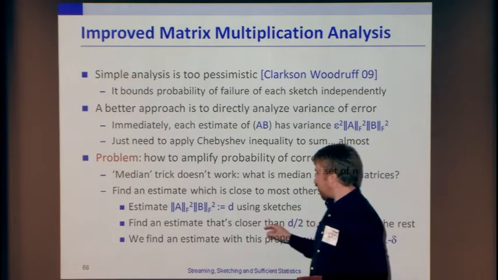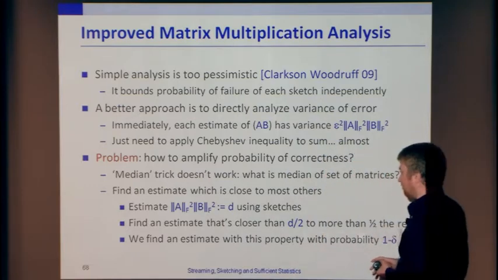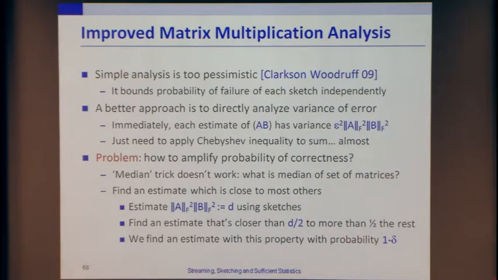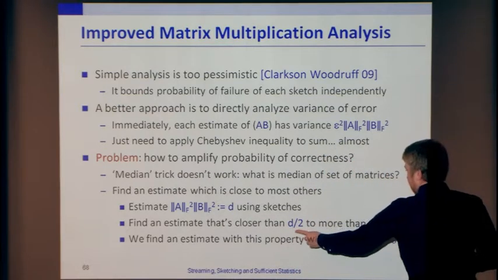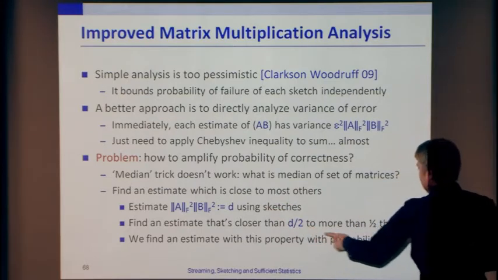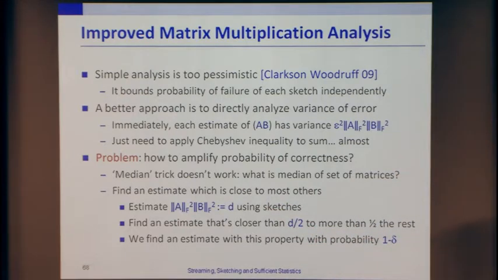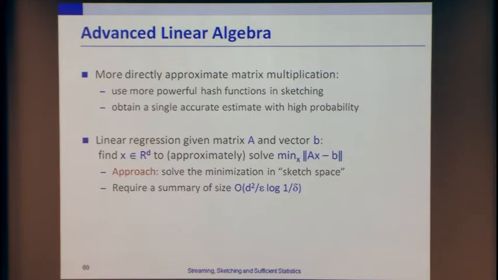So what you do is you estimate what that overall Frobenius norm is and find an estimate that is closer than half that distance to more than half of the rest of the answers, and adopt that as your estimate and argue that with high probability that's a good estimate for the matrix product.